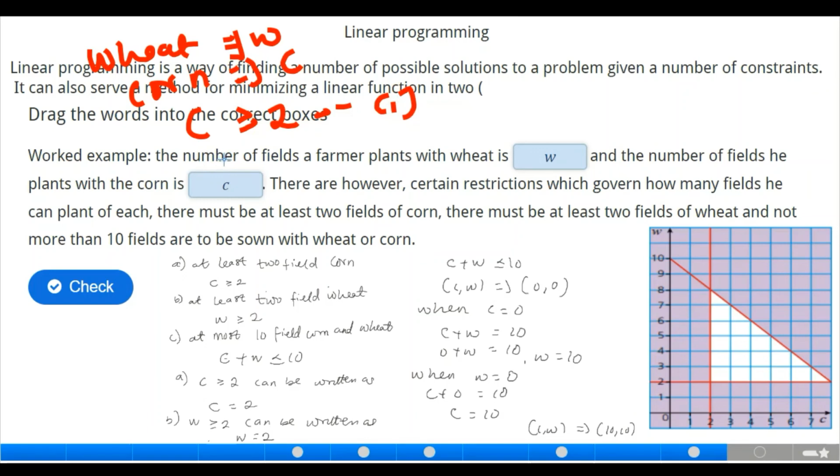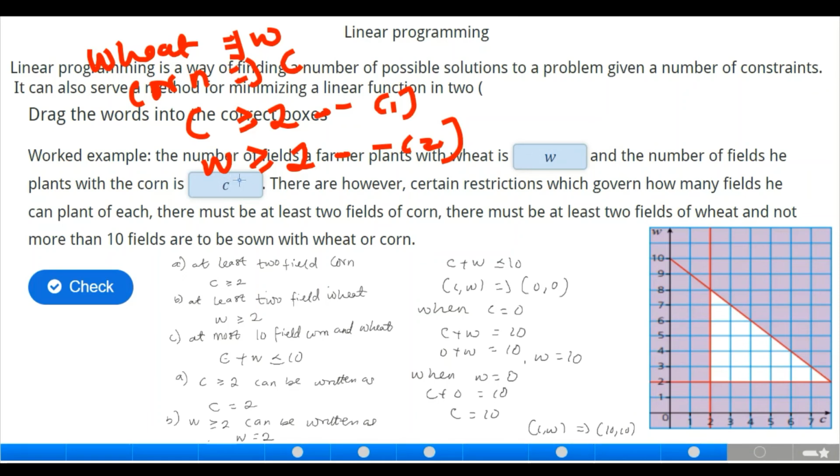The second condition is that we must have at least 2 feet of wheat. So that implies that we must have 2 minimum. So that is also going to be wheat greater than or equals to 2. That's the second condition. And the third condition for this farmer is that we must have wheat and corn that is not more than 10 feet.